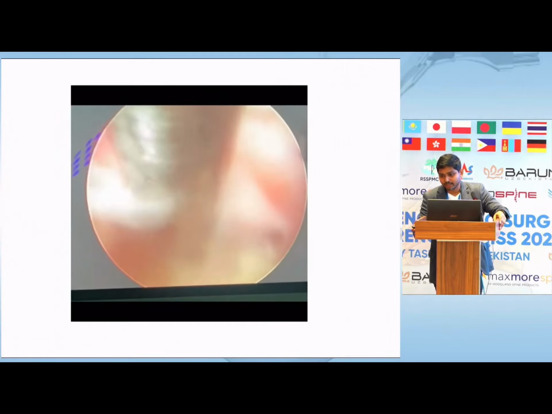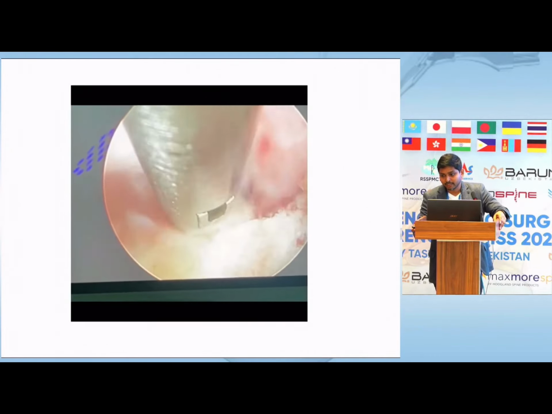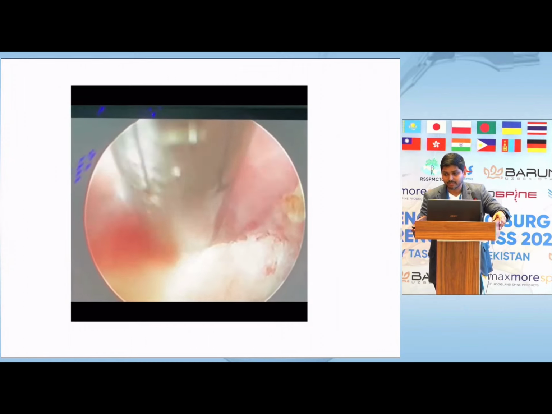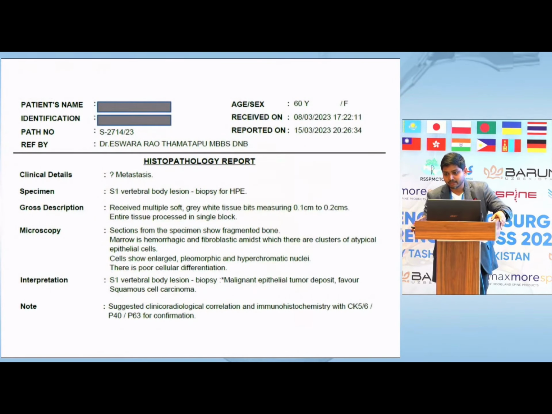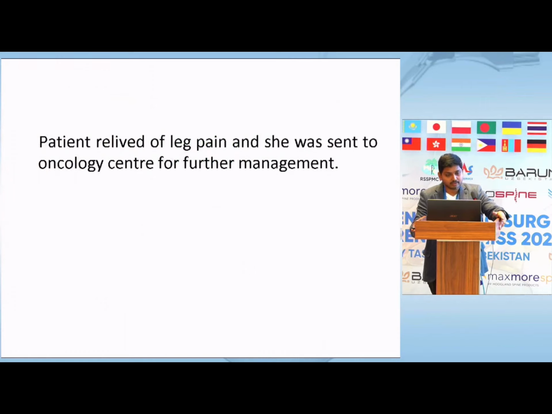That is the root, and I am taking the biopsy from the root after the root is free. So histopathology shows squamous cell carcinoma. She was relieved of her symptoms, and she was sent to the oncology center for further management.